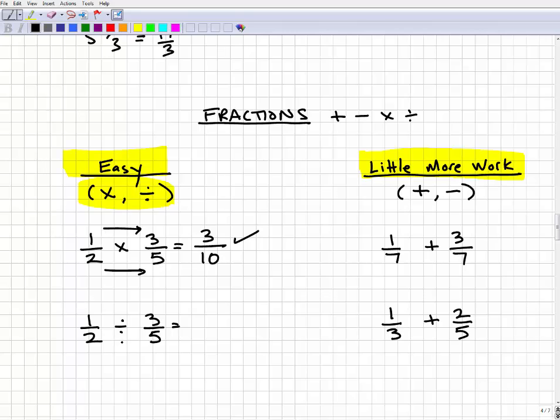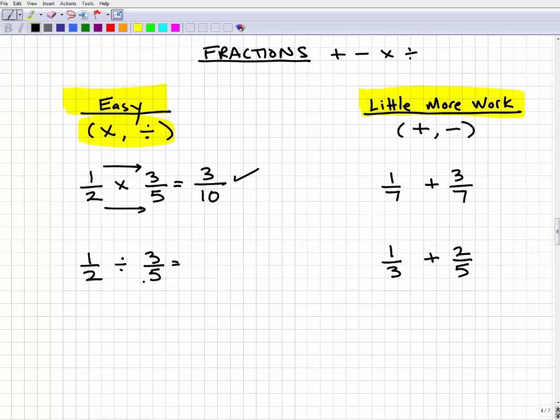Now let's talk about division. We don't really do division of fractions. What we do is we take a division problem and change it into a multiplication problem. And because we already know how to do multiplication, this is going to be easy. So how do we do that? We keep the first fraction the same, so in this case, it's 1/2. Then I take the division symbol and write it as multiplication.